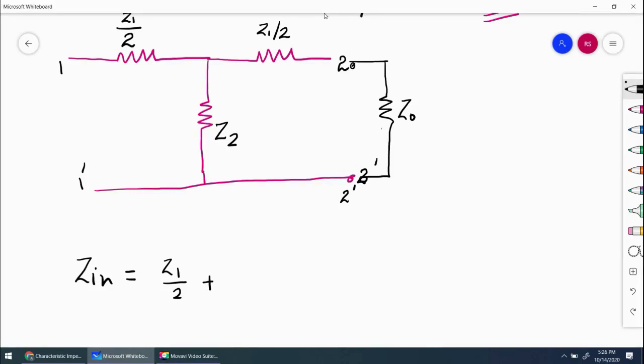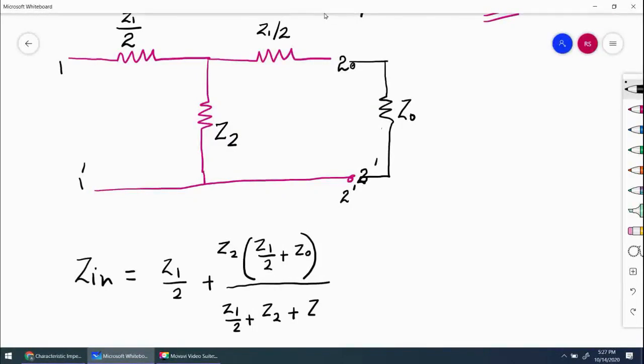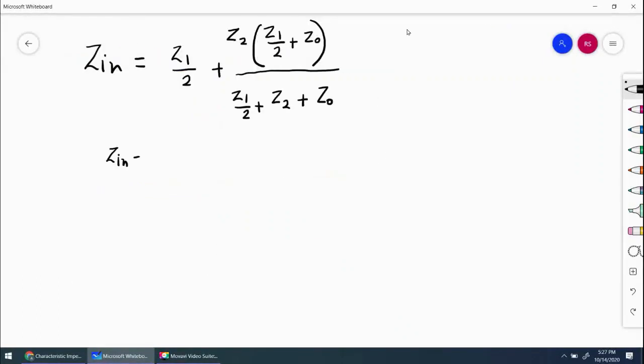So I can write Z2 times Z1 by 2 plus Z0, this is series and in parallel to Z2, divided by Z1 by 2 plus Z2 plus Z0. Now we know that since the input impedance and output impedance are equal, I can write Zin is equal to Z0.